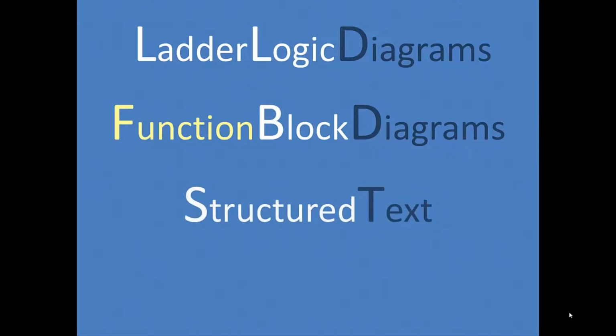This is probably the most popular with computer science majors, simply because they are accustomed to working with text-based languages and not diagrams. You would never refer to a text structure as a diagram, whereas ladder logic diagrams and function block diagrams are diagrams, and they're much more graphical, more iconic based, more visual.